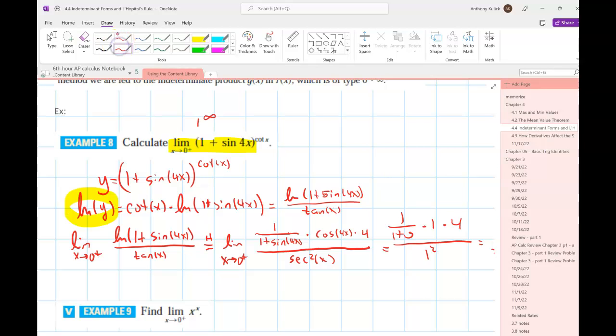So here's all we have to do to finish. That limit of y is the same thing as e to the ln of y, right?